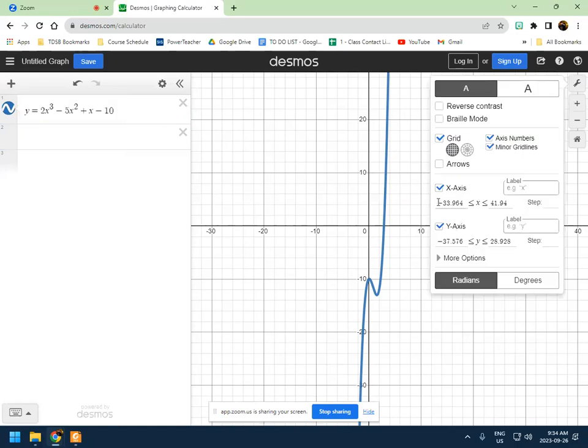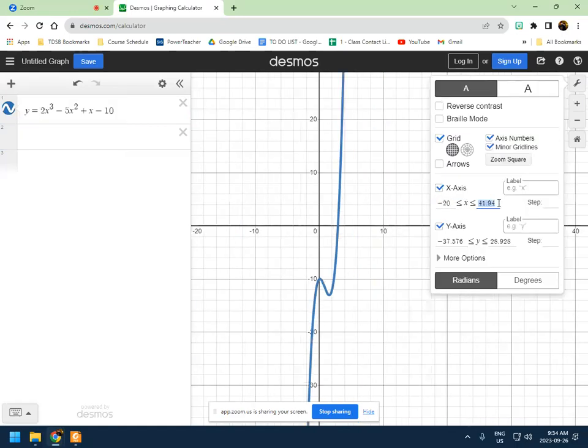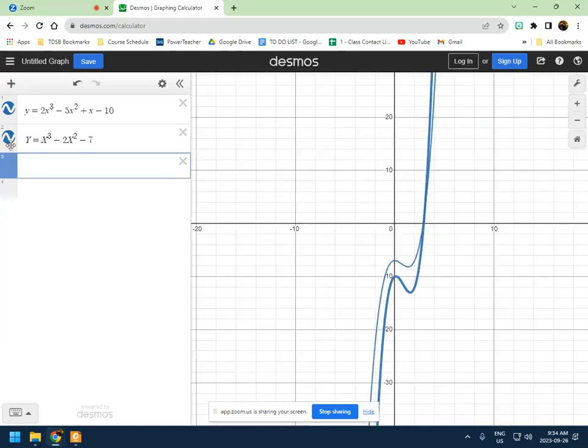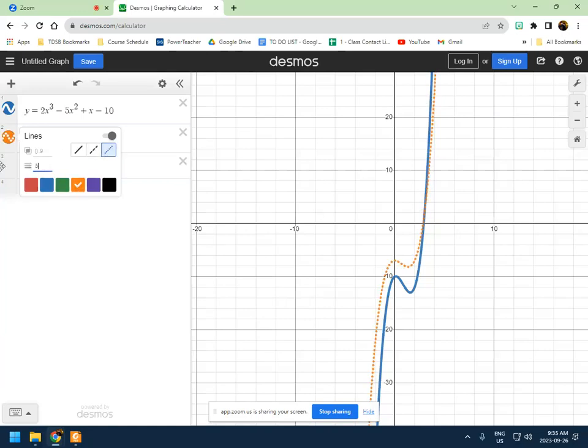And I'll fix this. How about I go from negative 20 to positive 20. Everyone's good, right? Here is the left equation. So that was equal to x cubed minus 2x squared minus 7. Let's use orange and dotted lines, and let's make those dotted lines bigger too.